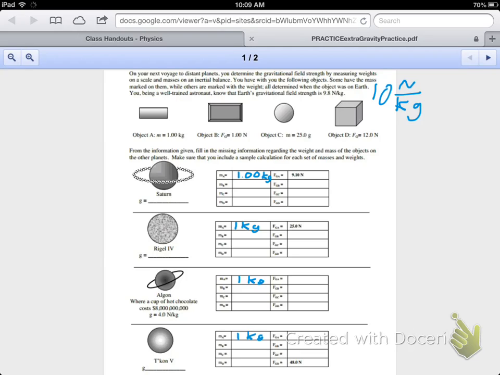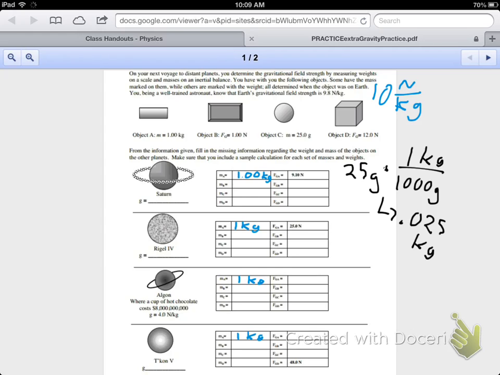To do that, we have 25 grams, and there are 1,000 grams for every kilogram, which means that this will equal 0.025 kilograms.